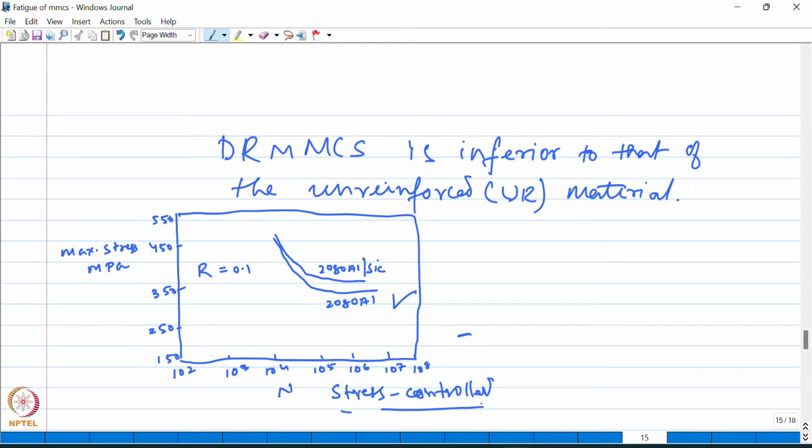Now, if you take the same composite, this 2080 aluminum with 15% silicon carbide particles, and see the fatigue behavior under total strain controlled fatigue test, then it will look like this.